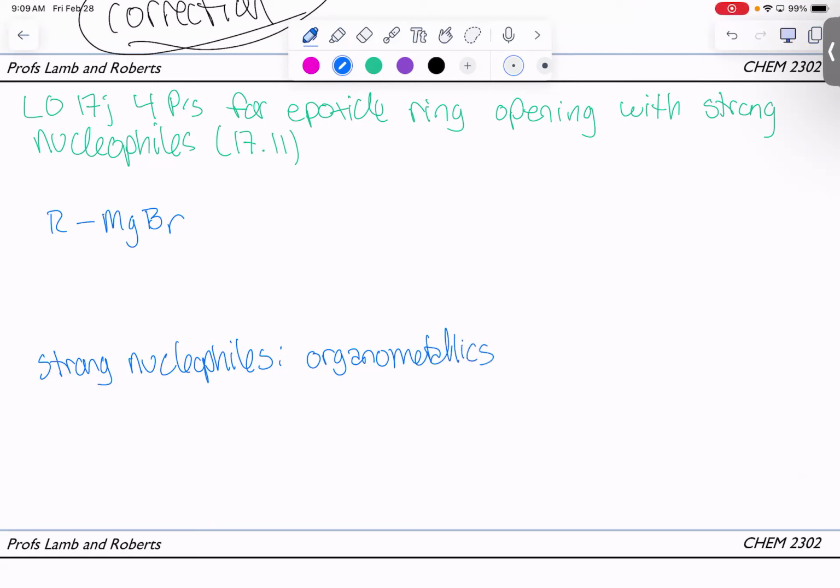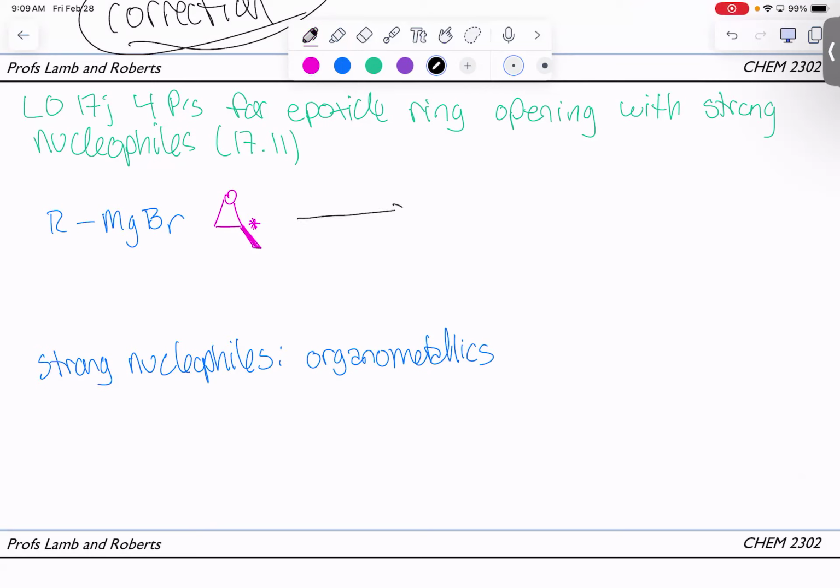And if we have an organometallic and, for example, an epoxide that does have some stereochemistry associated with it, this here is a stereocenter. Oftentimes we put a little asterisk by a stereocenter so that we can indicate that we see them there.